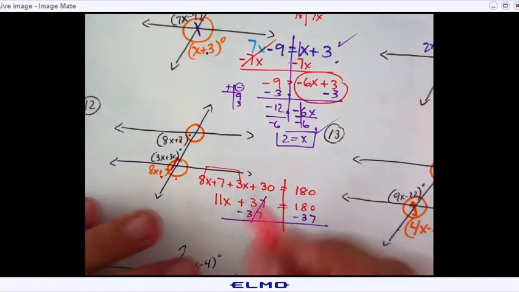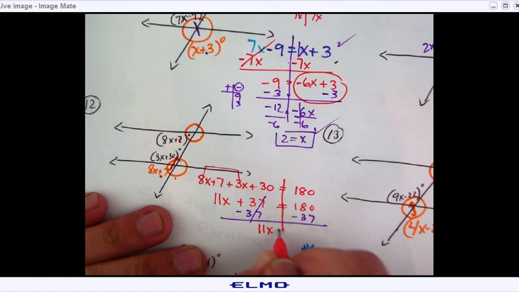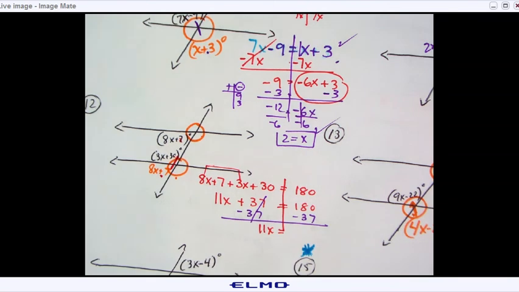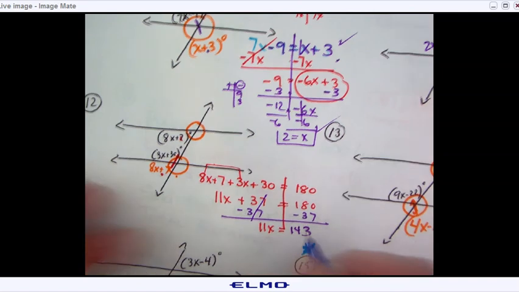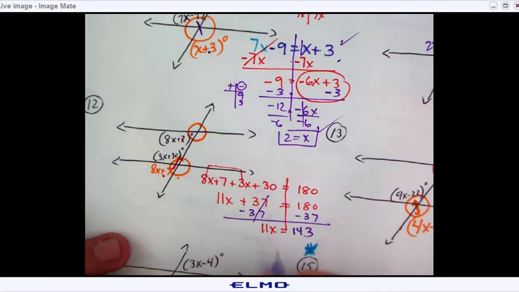So 11x equals 180 take away 37. What's that? 143? And now divide 143 by 11.